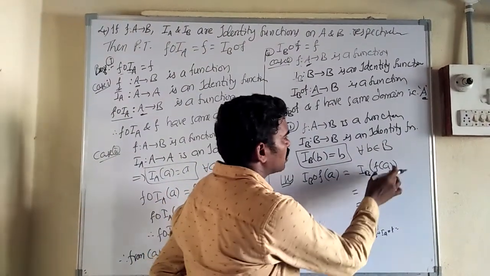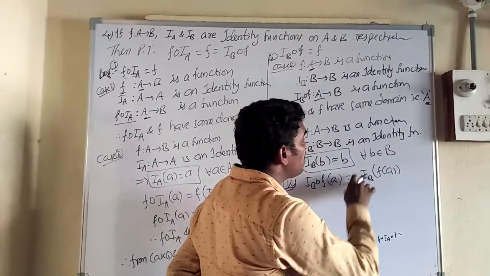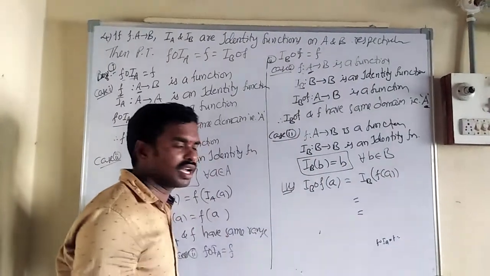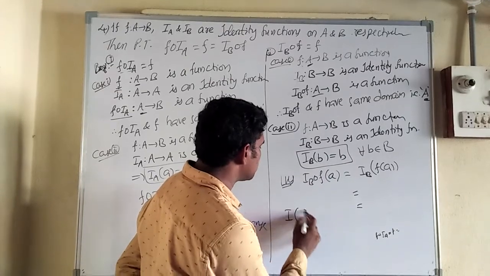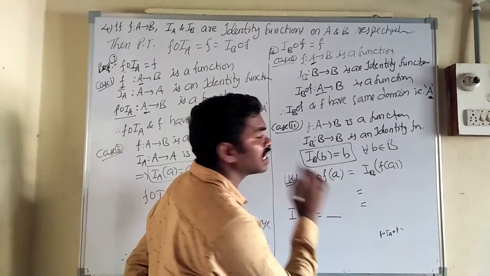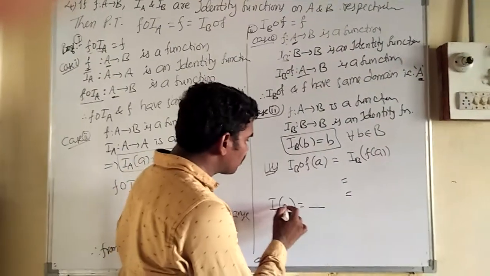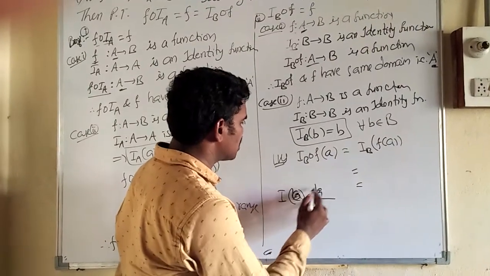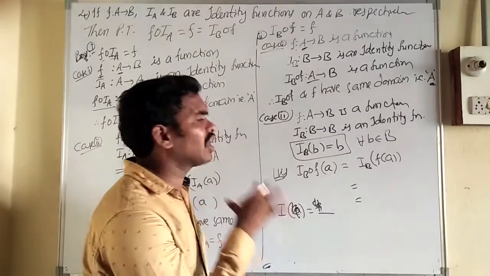So what do we have to write? Instead of F of a, don't write anything. Think about IB of something: because IB is an identity function, IB of anything is equal to that thing. Whatever is there is what comes out. I of a equals a, I of b equals b, I of c equals c, I of 1 equals 1, I of 2 equals 2; that is called an identity function.